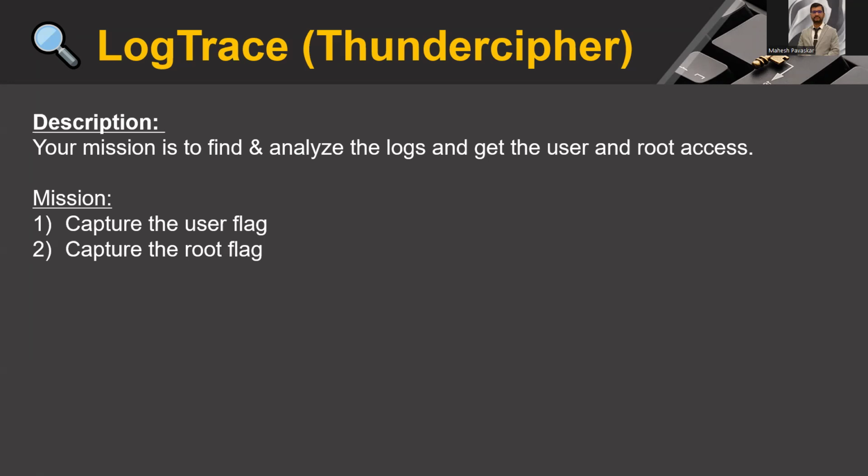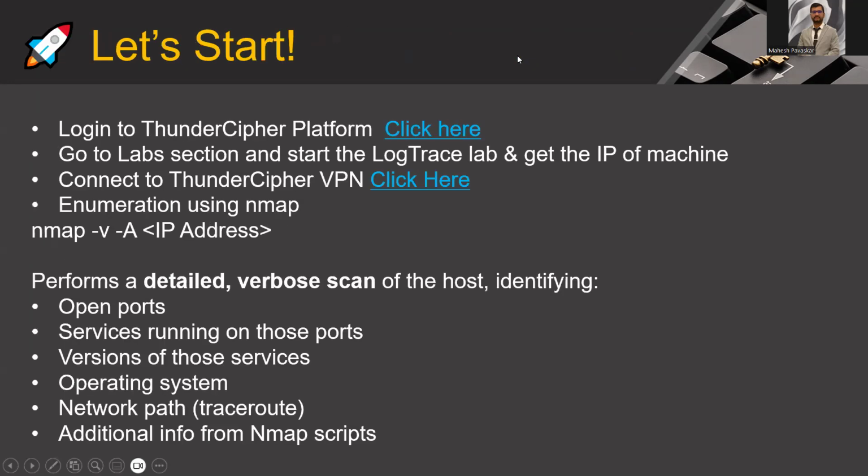The platform we are using is Thundercipher. Let's start. What is the first step? I'm going to use the same steps. Log into the Thundercipher platform, that's step number one. If you don't have an account, please create one. Then we go to the lab sections and start the LogTrace lab.